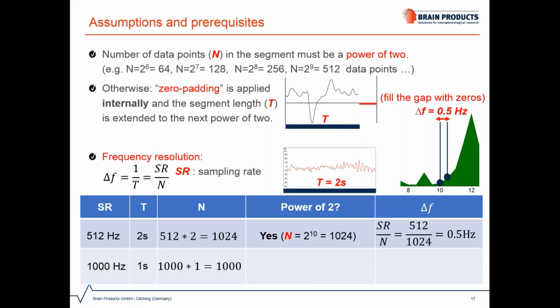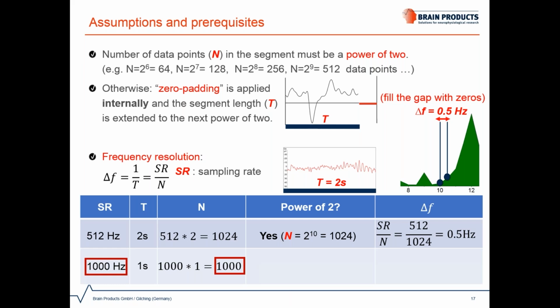Using the formula, we would divide 1000 Hz by 1000 data points, and we will think that we will get a frequency resolution of 1 Hz. But please be aware here, we will not be able to get a frequency resolution of 1 Hz.